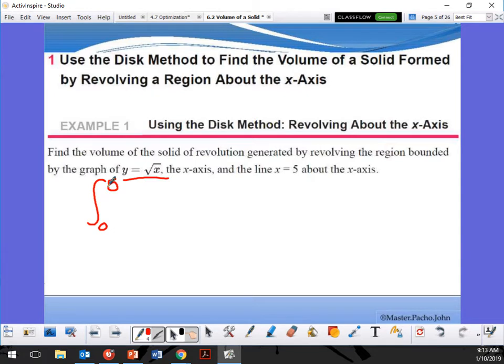My function is going to be square root of x, and what am I doing to that? Squaring it, and then dx, and put the pi out here. That's the whole thing, right?